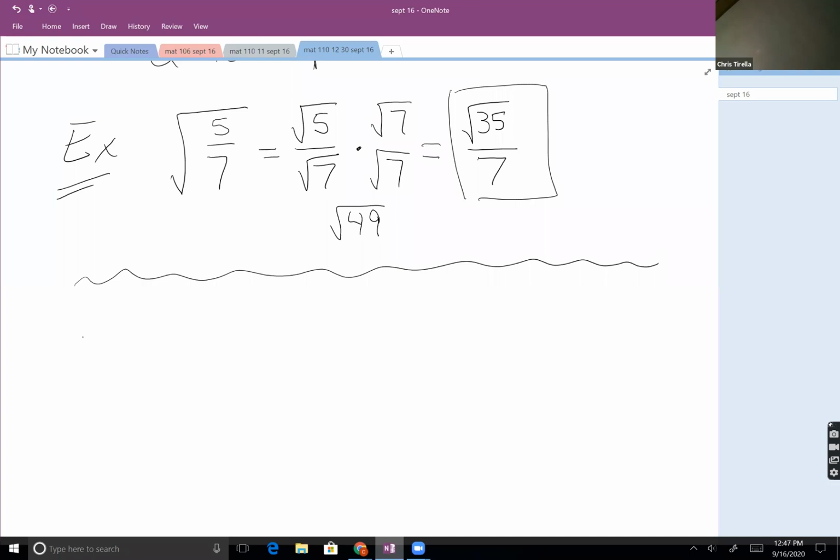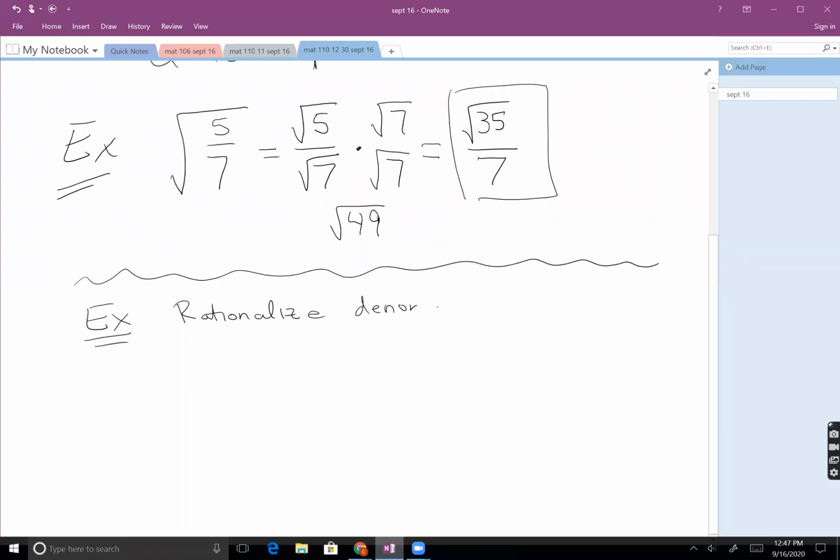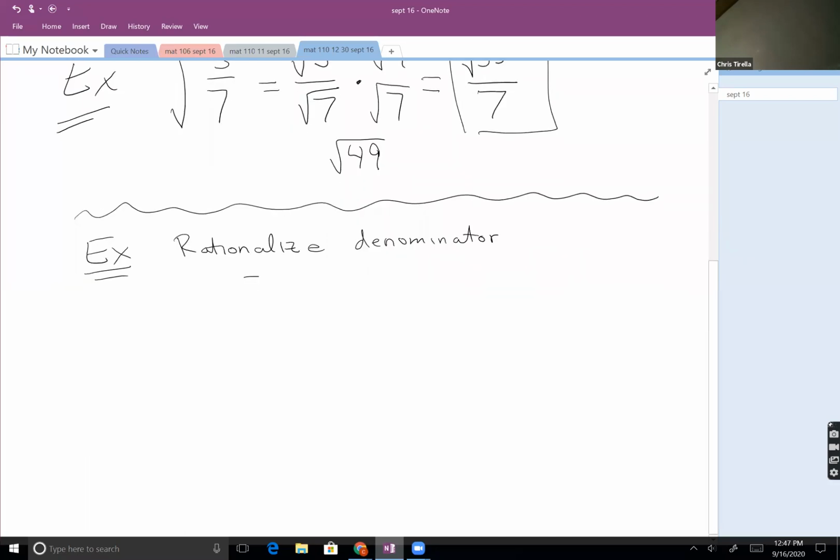But where we're going next today is we're going to look at rationalizing the denominator. We're going to look at problems that are a little bit different. We're going to say what happens if there are two terms in the denominator.